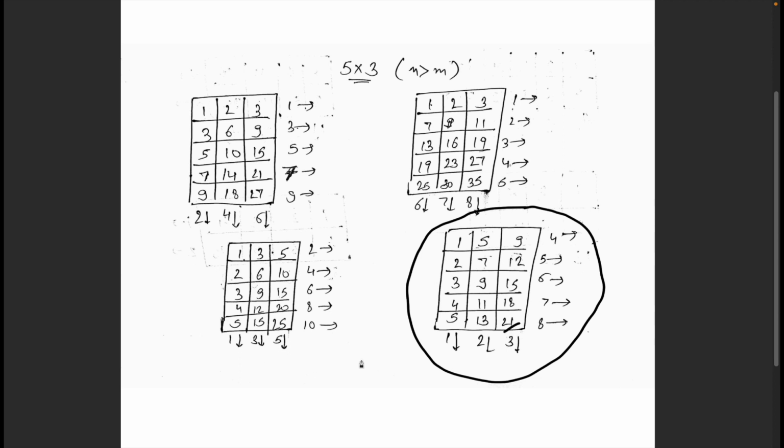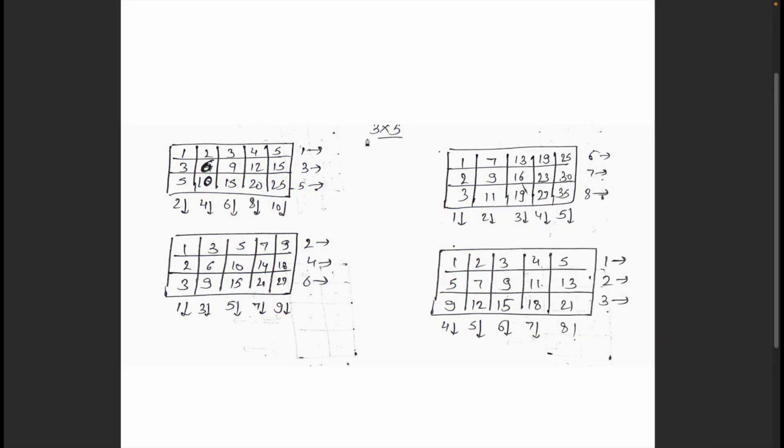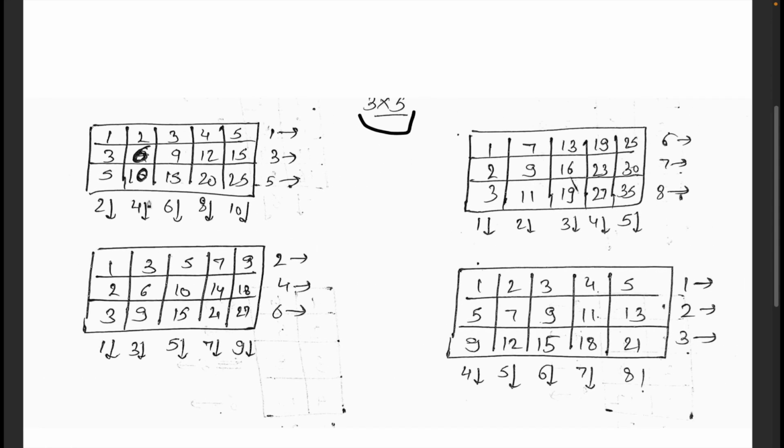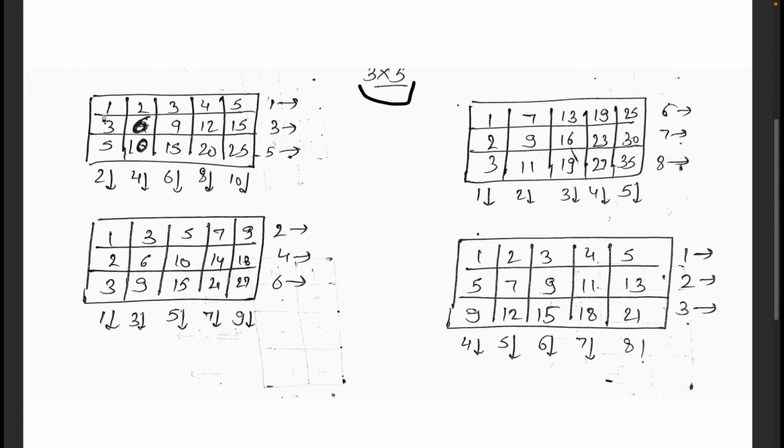Now let's check the case when the number of columns is greater than the number of rows. Let's move on to that. We will start with the example 3 cross 5. Using the funda of when n is equal to m, we have the common differences like this: odd for the rows and even for the columns.